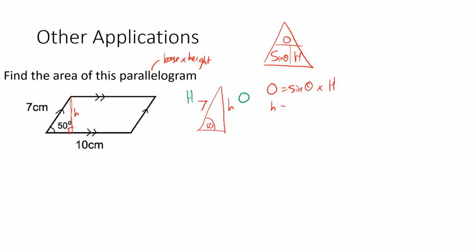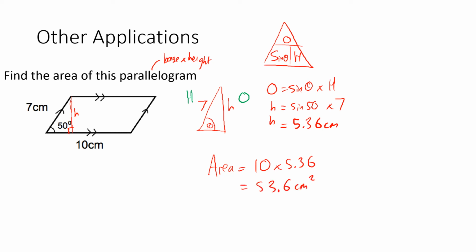So that's going to be that our height is sin 50 times 7. That means the height of our parallelogram is 5.36 centimeters. We still need to find the area, so we'll then do base times height. We'll go 10 times 5.36, and we'll get that it's 53.6 centimeters squared.